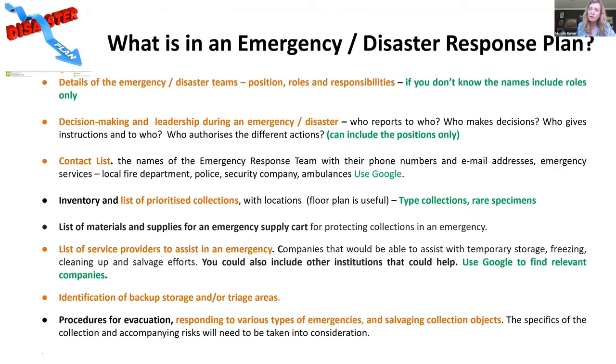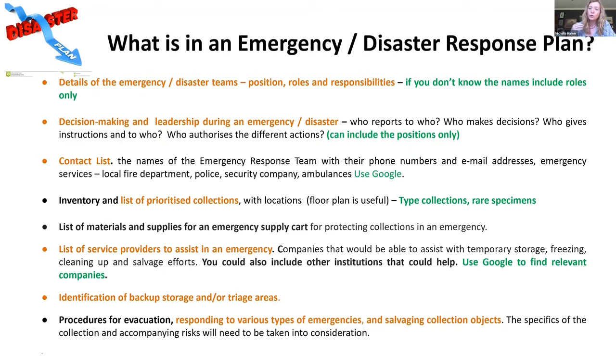So if you've had a flood, are there companies that help you to clean up after a flood? And remember, there might be lots of sludge and mud all over everything. It might not be possible for you to do it yourself in-house. It might be, but it's better to have some information available.